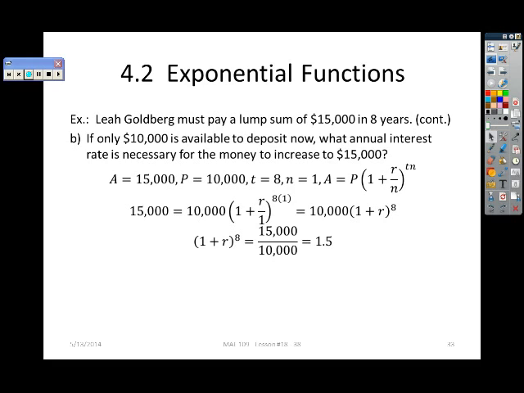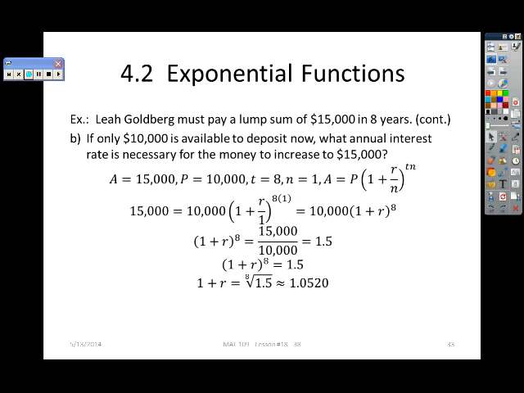This is one where in your calculator you also need to learn how to take roots of any level, because this is a situation where we have our variable completely inside this exponent. This is the only place R appears. So if we take the 8th root of both sides, we can get to R. So you need to learn how to do that on your calculator, taking roots of any magnitude.